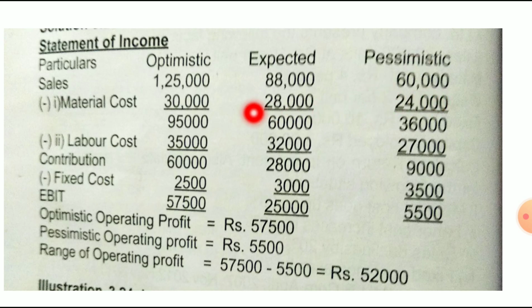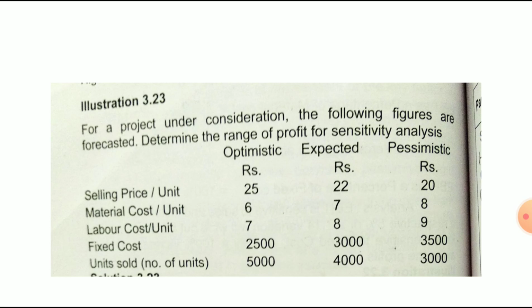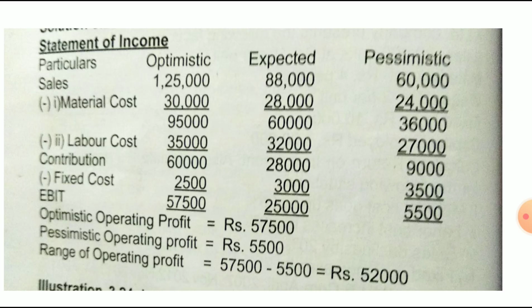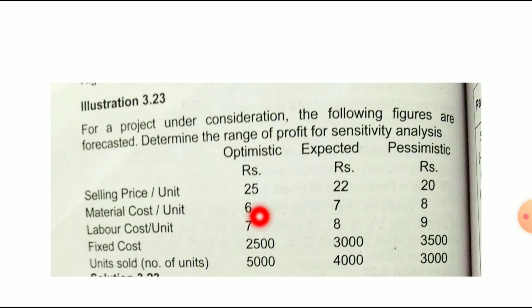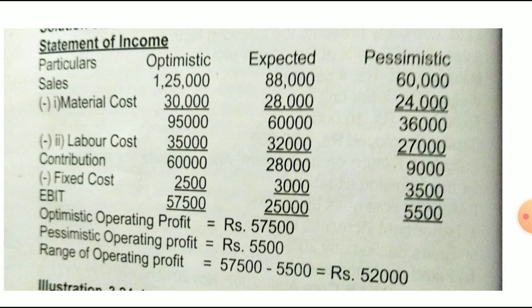60,000. So less material cost is 6, 7, 8 into units sold, you will get 30,000, 28,000, 24,000. Less labor cost, and labor cost is 7, 8, 9, multiplied with its respective units sold 5,000, 4,000, 3,000, you will get labor cost 35,000, 32,000, 27,000. Then contribution 60,000, 28,000, 9,000.